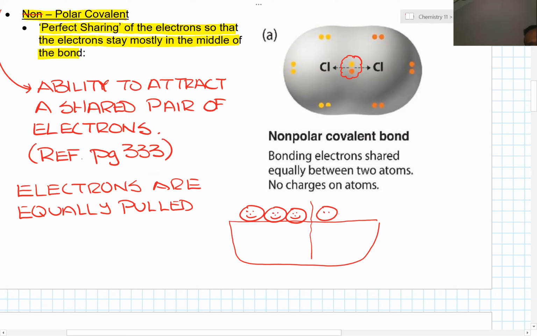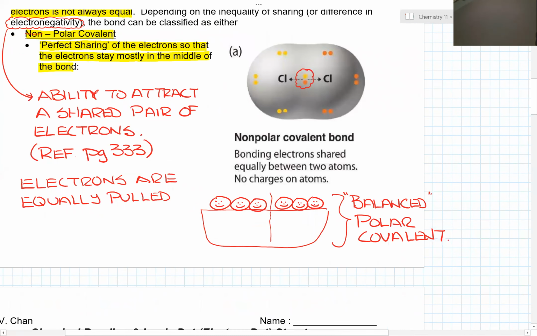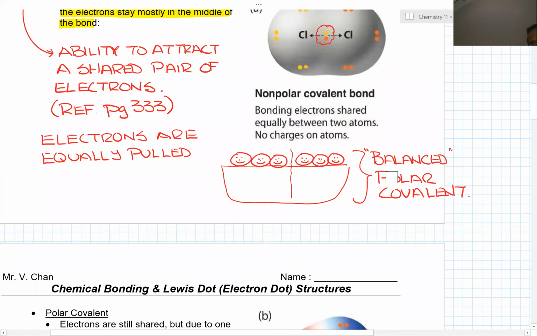You have 3 people on either side, so the boat is balanced. This is what we would call polar covalent. Oh, sorry, nonpolar covalent, not polar covalent. It is nonpolar covalent.